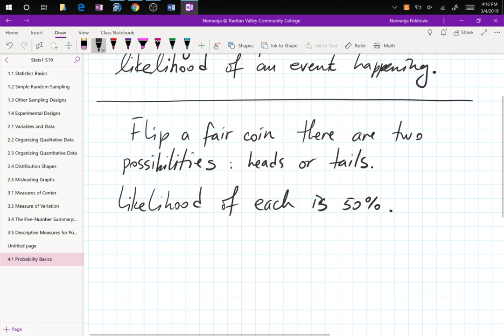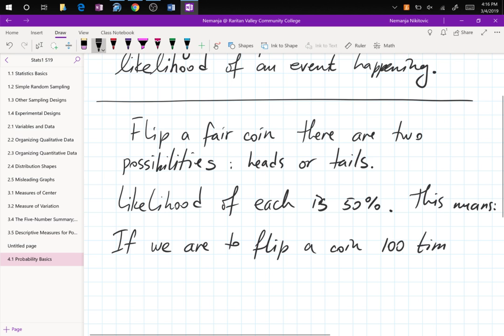Now this means that if we are to flip a coin 100 times, we will count about 50 heads and 50 tails.